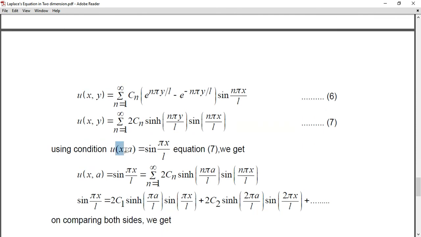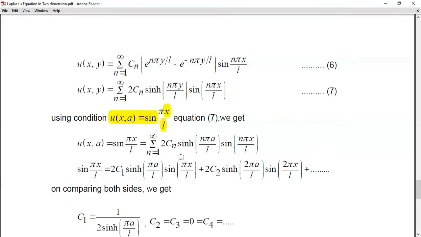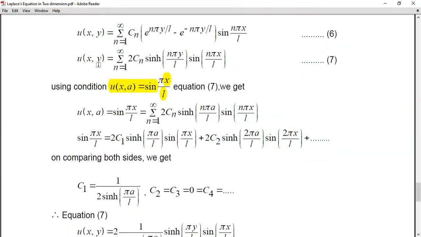Now, last condition, we have u(x,a) is sin(πx/L). When we put y equals a, we will find sum from n equals 1 to infinity of 2c_n sinh(nπa/L) sin(nπx/L).